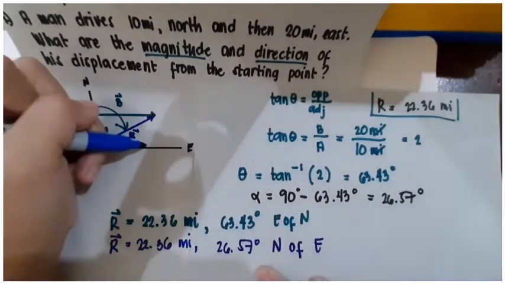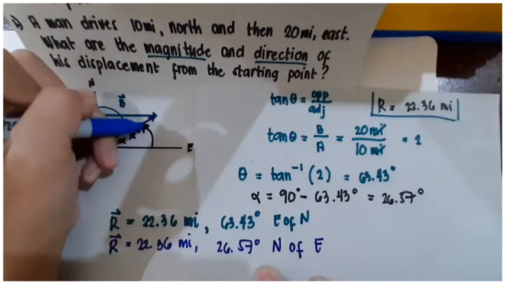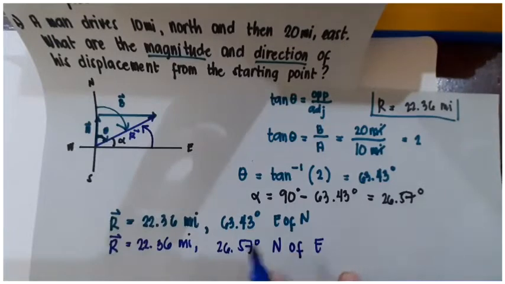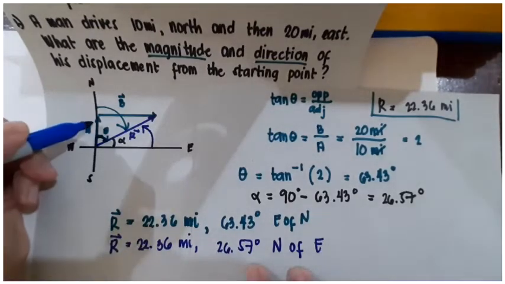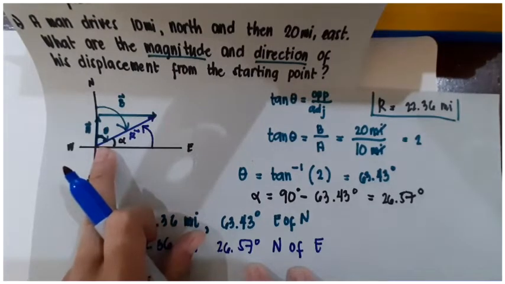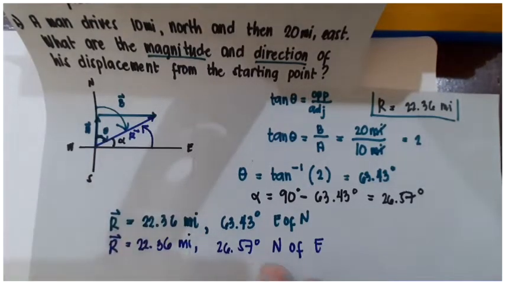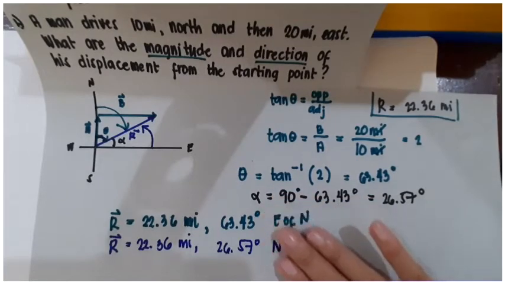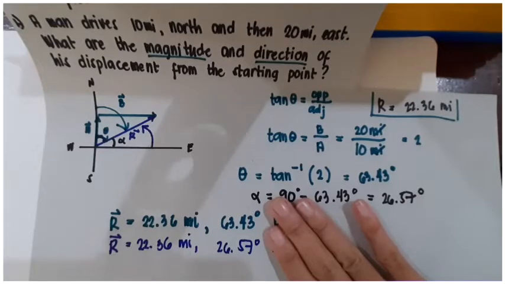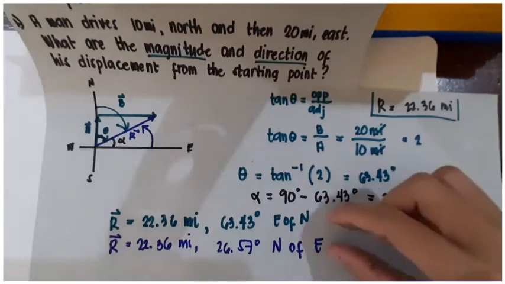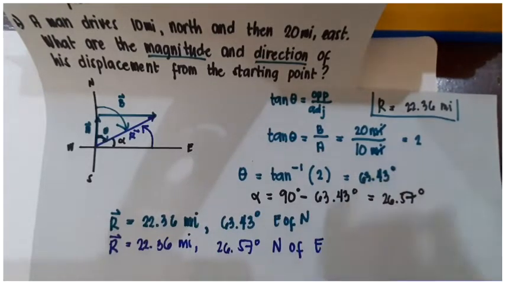Why north of east? Since it is going north, coming from east. So, north of east. So either of these two is correct, as long as you form this illustration or drawing. You can also neglect this one, but the direction is more specified when we use this.